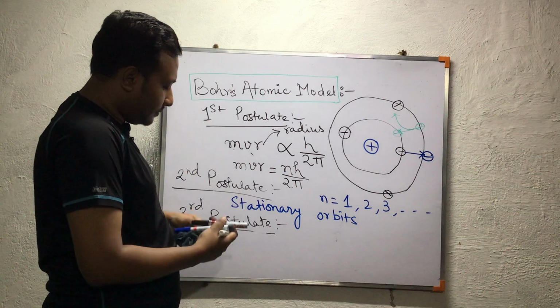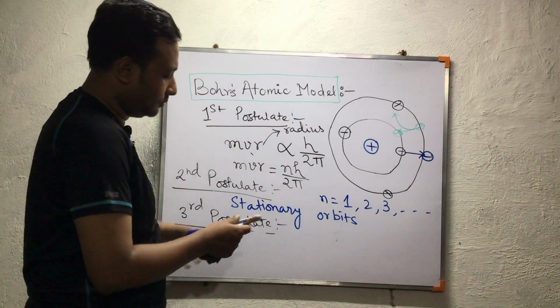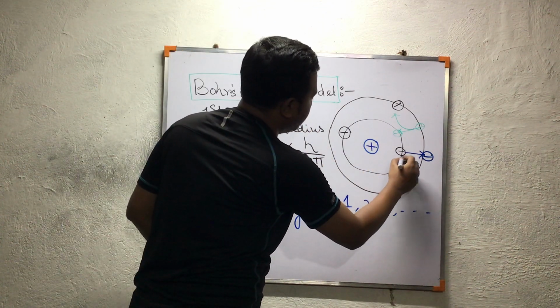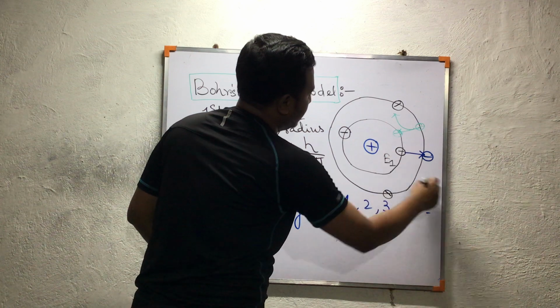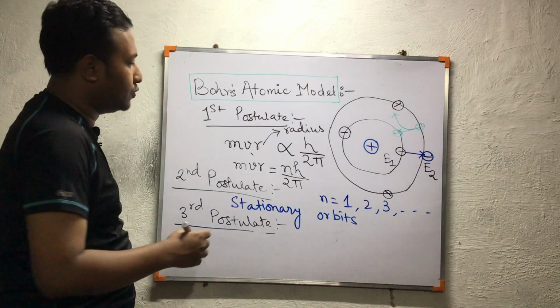Say for example, the energy of this shell is E1 and the energy of the higher energy level is E2.